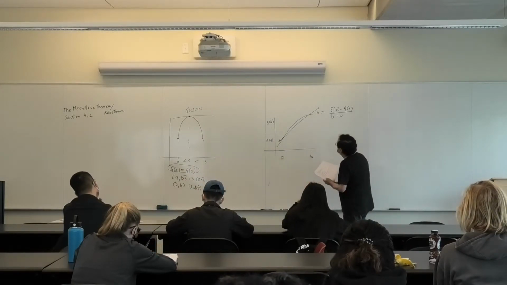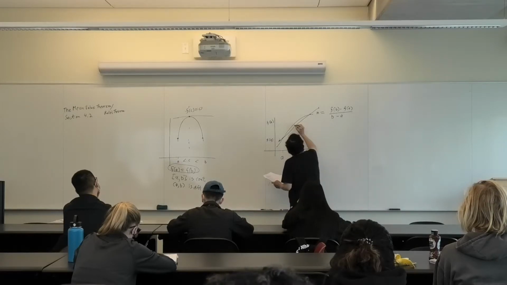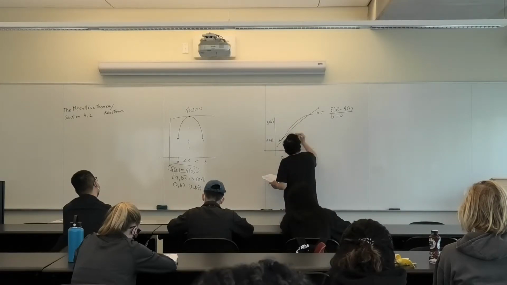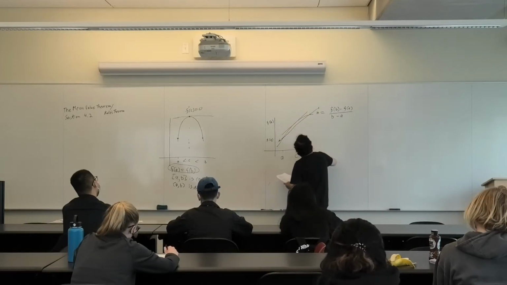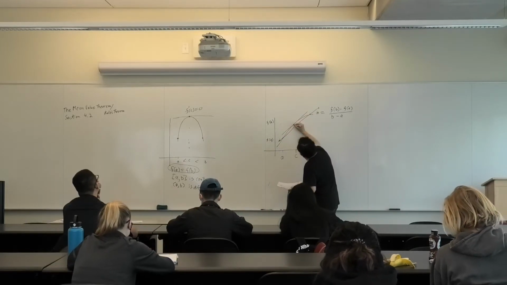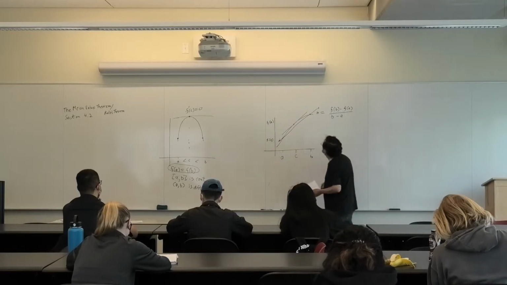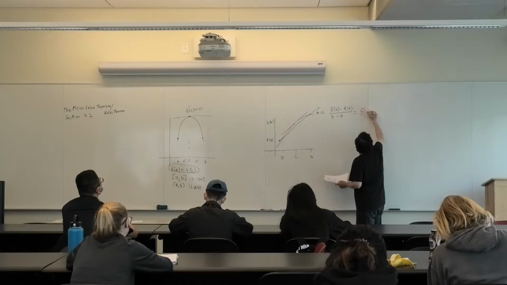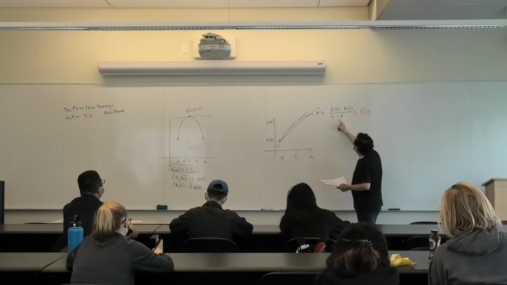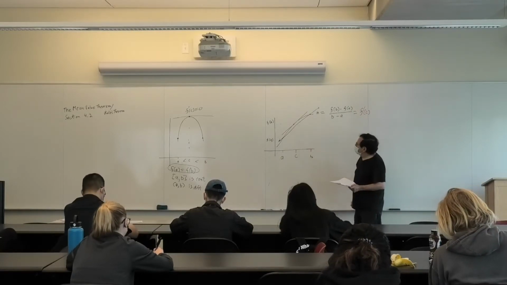And the mean value theorem says that there must exist a C such that the tangent at C has the slope of this line.